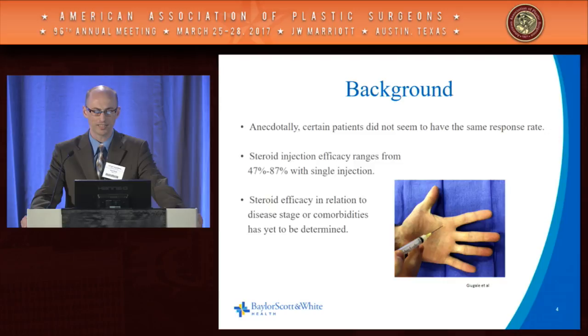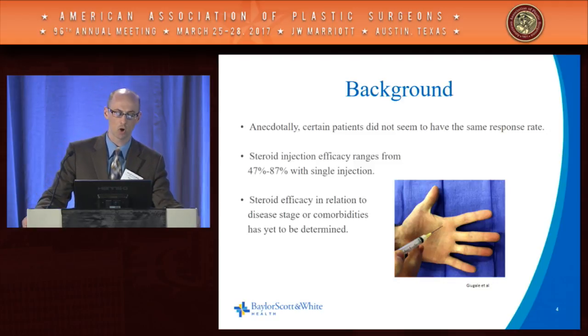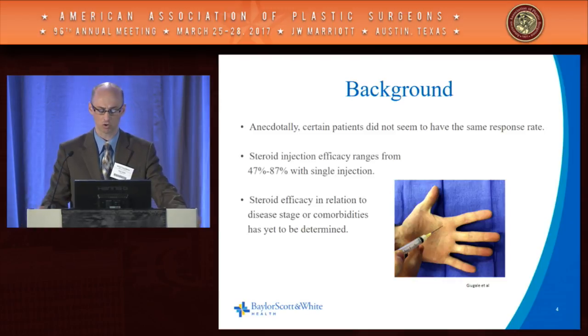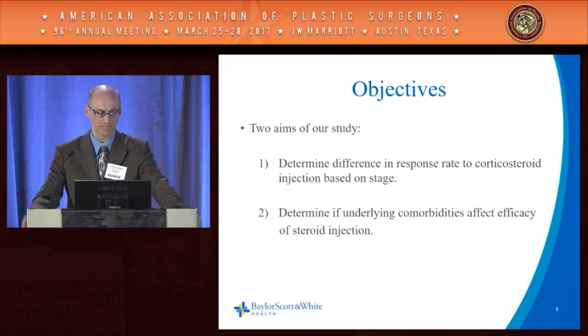So the response rate seems to vary pretty widely, and that's supported by the literature where efficacy ranges from 47 to 87% with a single injection. Steroid efficacy, however, in relation to disease stage and/or comorbidities has yet to be determined. This paucity of data with regards to these two variables was noted in the recent Cochrane review in 2009. So our study was aimed to help address this issue.